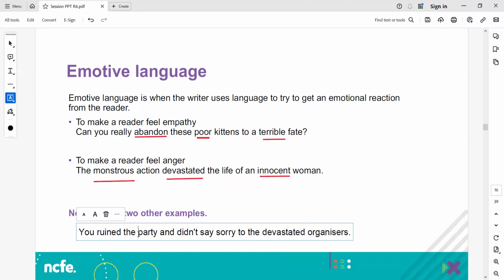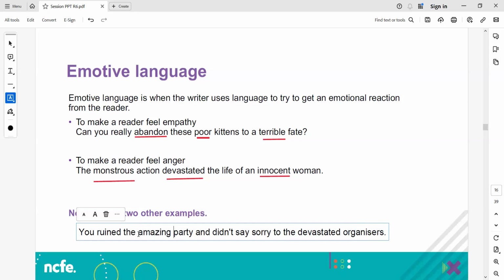Yeah. So can we think of a more extreme word than fun? So to make it more emotive. You ruined the amazing. Amazing, good. You ruined the amazing, or we could have wonderful, fantastic, brilliant.